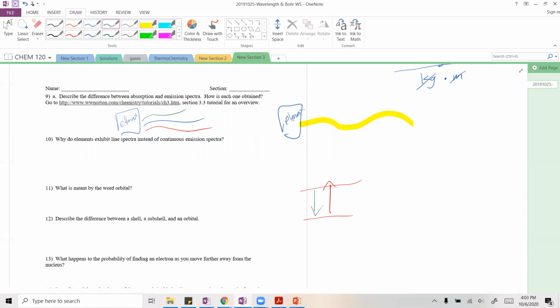So elements exhibit line spectra instead of continuous emission spectras, and that's because the energy levels for our element exist in very specific bands. So we can't have electrons inside of that element at all values. It's what we call quantized energy levels.